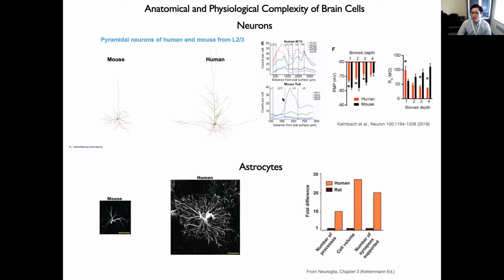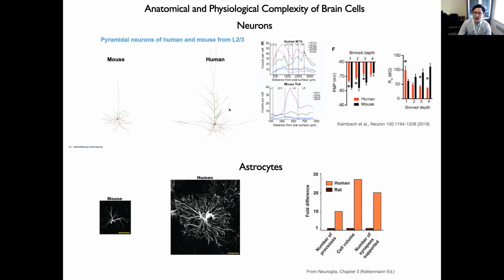But at the same time, there are molecular changes and differences in terms of what kind of channels these neurons express. And this particular study looked at the HCN family of channels, looking at these hyperpolarizing mixed cation currents, and found some really fundamental differences in the types of channels that human neurons express and utilize for their physiology in comparison to what's known in the rodent.